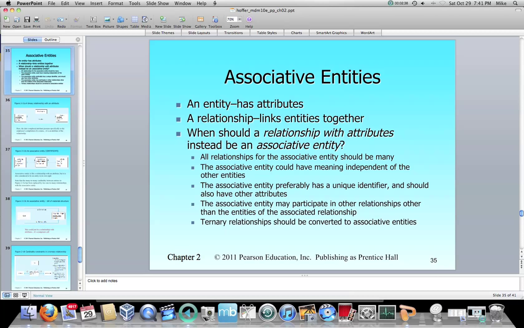In that case, it could be an employee to a skill, and then the same employee to a different skill, right? Or a skill to an employee, and then that same skill to a different employee. That is the general idea.